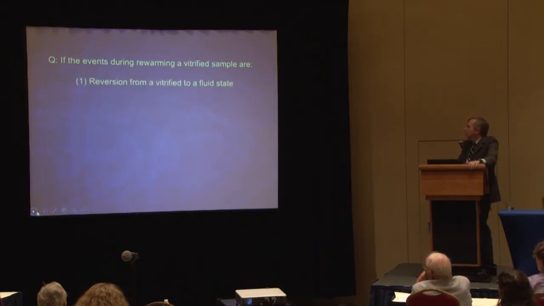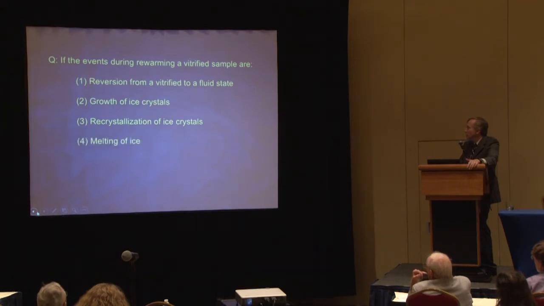And finally, these are the events of rewarming a vitrified sample: we first revert from a vitrified to a fluid state, 1; then you grow ice crystals, 2, which is devitrification; you recrystallize the ice crystals, 3; and then finally you melt. Then why is 2 called devitrification instead of 1?